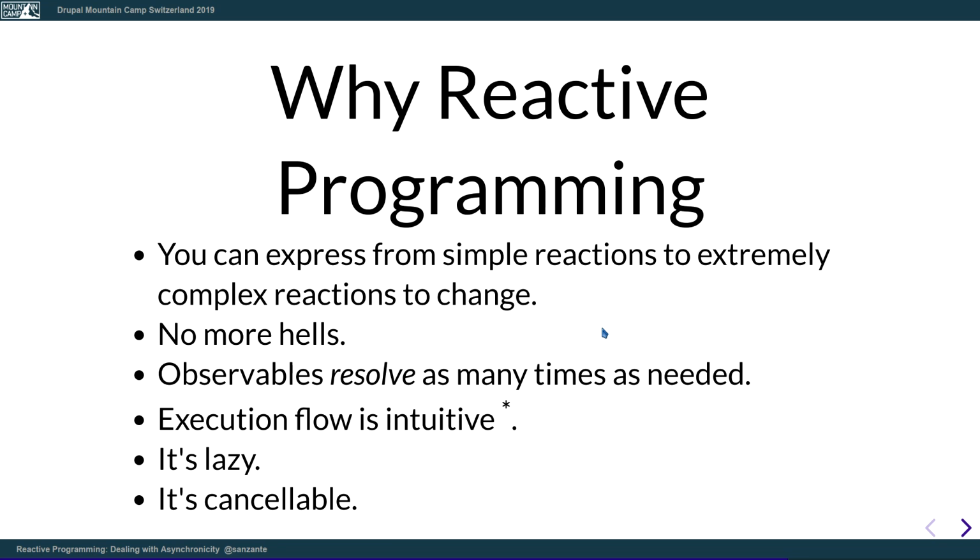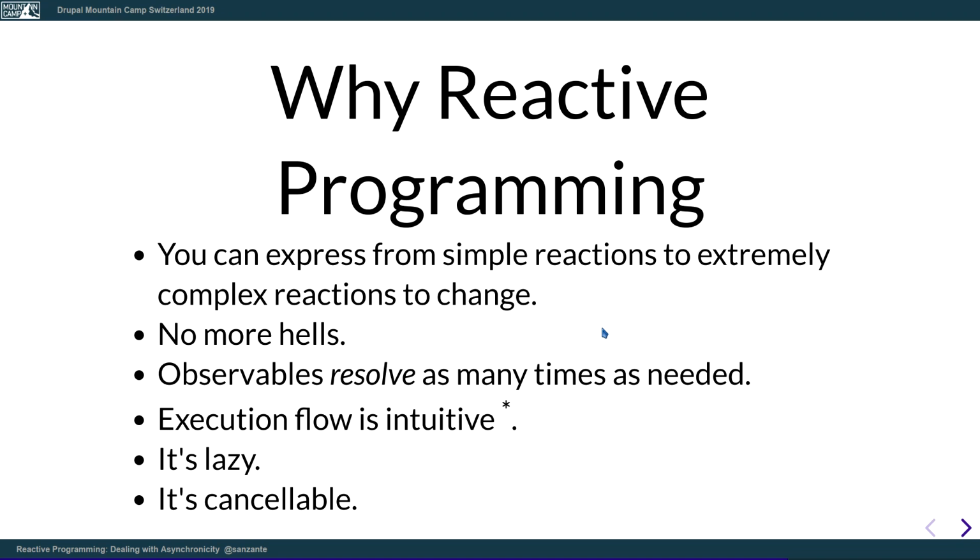The observables emit values, and more than one, not just one, so you can just set up your plumbing system and it's working all the time without the need of setting it up again like promises. The execution flow is intuitive.